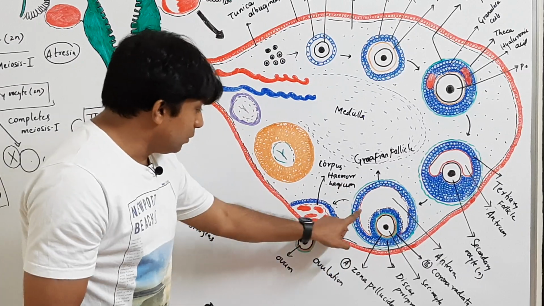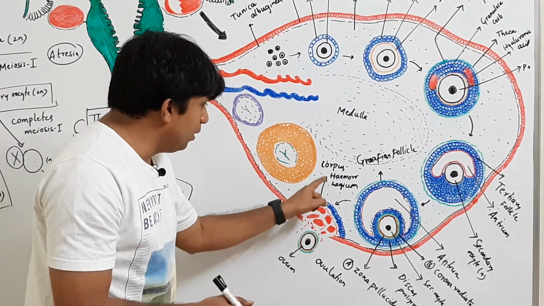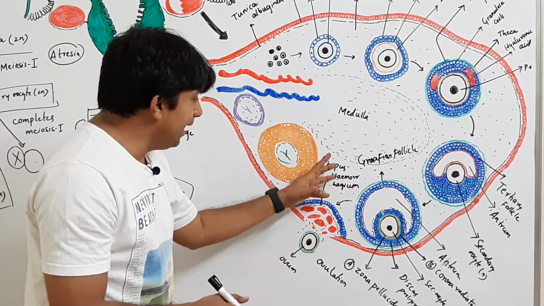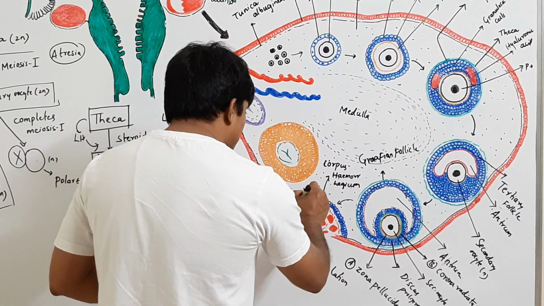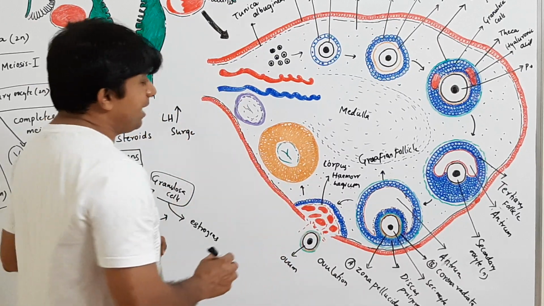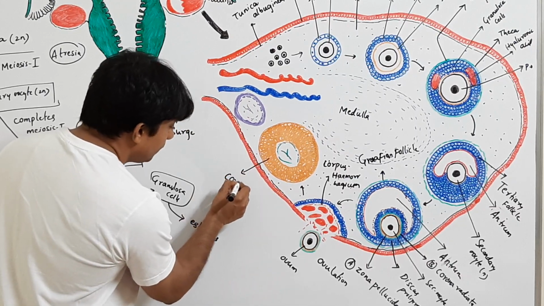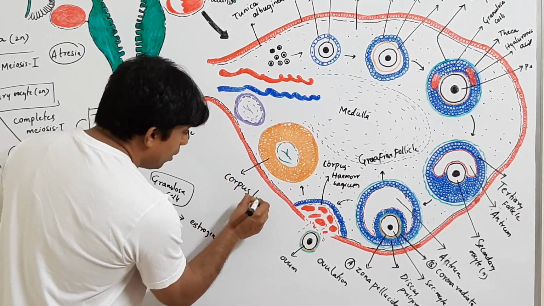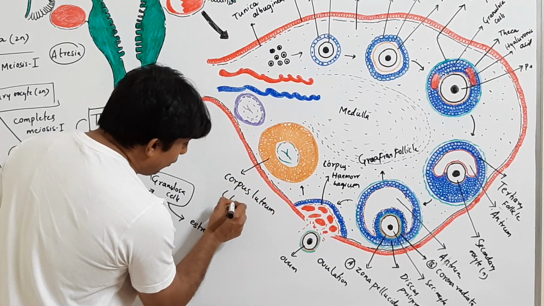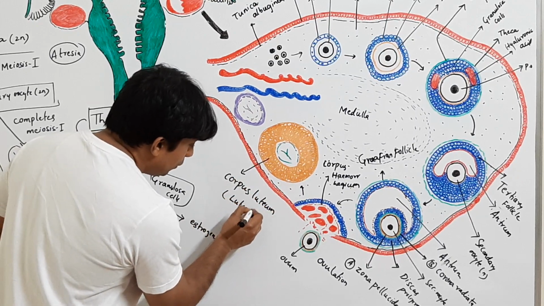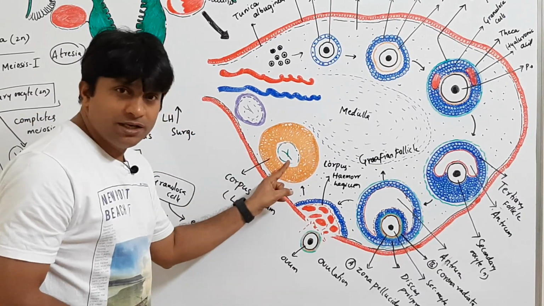So the ruptured Graafian follicle is initially called corpus hemorrhagicum. Later on, the clots disintegrate, and this corpus hemorrhagicum transforms into corpus luteum. This is due to the yellow colored luteal granules, which is why it is called corpus luteum.